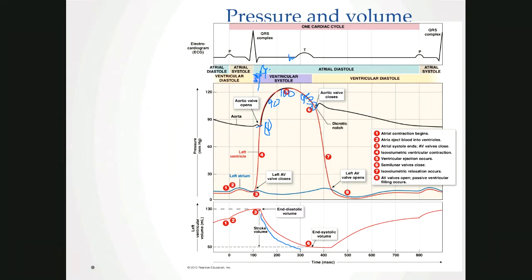And when it drops to a point that the blood now in the aorta is greater in pressure on the semilunar valve than the fluid in the ventricle, my semilunar valve closes. Okay? And at that point, my ventricle is known to be entering its ventricular diastolic period. Has every single cell finished relaxing in the ventricle?